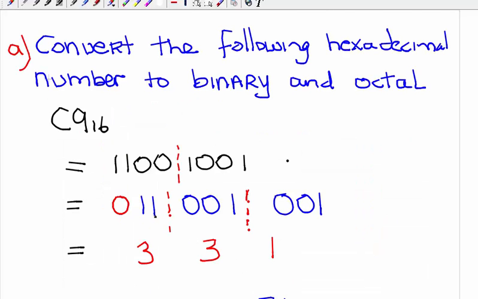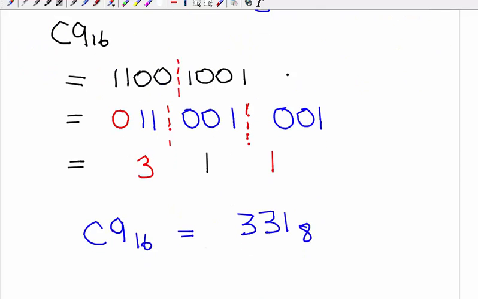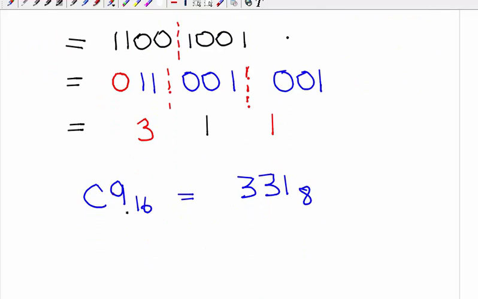Sorry, that should be a 1 there. And so C9 to the base 16 should equal 311 to the base 8. Not off to a good start here.